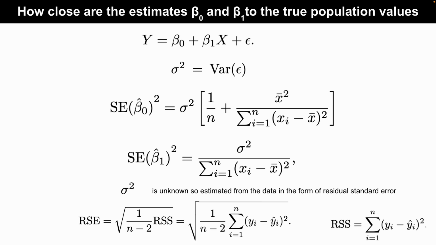This is your predicted value, and this is your observed value, right? How much deviation do you see once you fit your model from your observed values? We can calculate a standard error for that as well. This is what your RSS is.